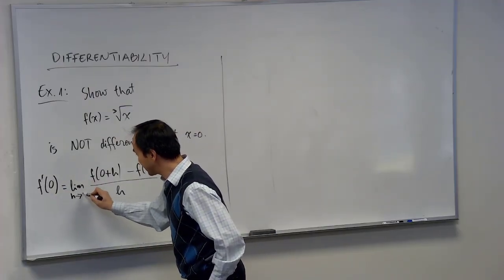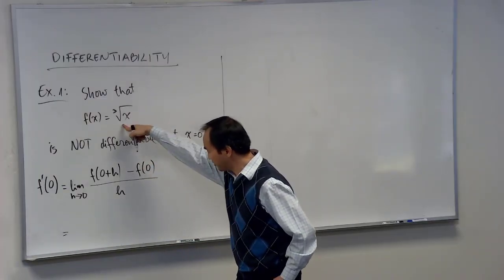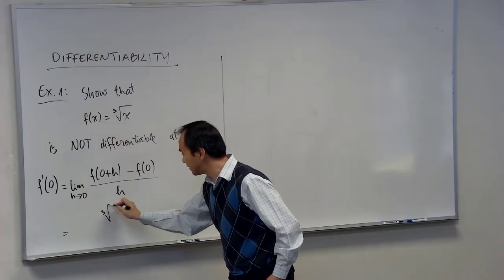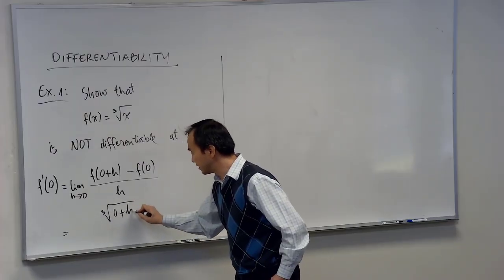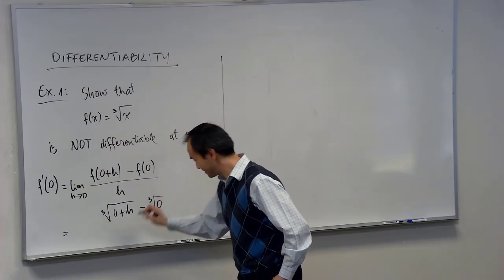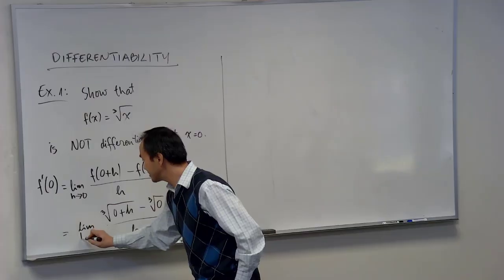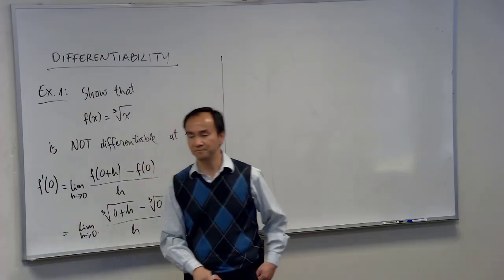That difference quotient is set up as a limit problem. Now directly into the function, we're looking at cube root of 0 plus h minus cube root of 0, divided by h, and we take the limit as h goes to 0.